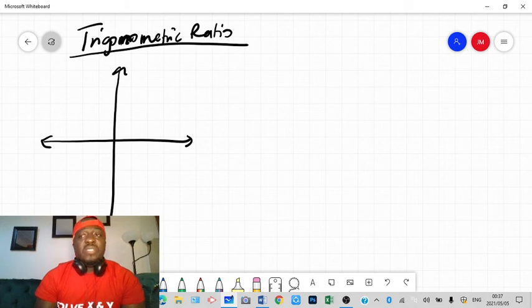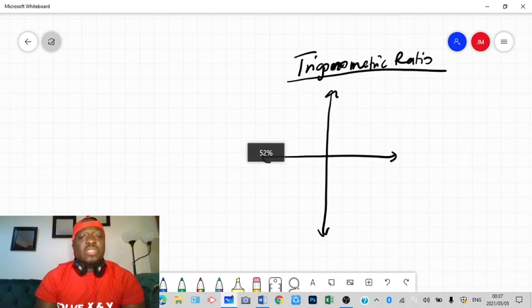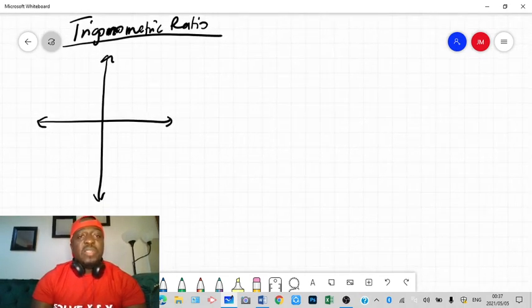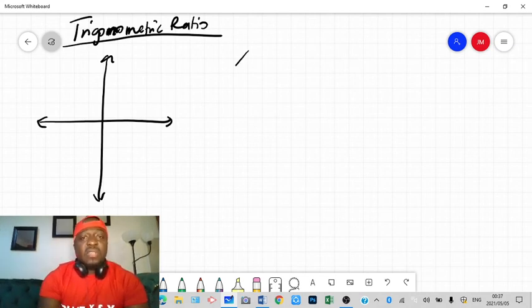The ratios that we are going to be dealing with, I would want to explain on your Cartesian plane, as well as on a right-angled triangle, which has a 90 degrees.